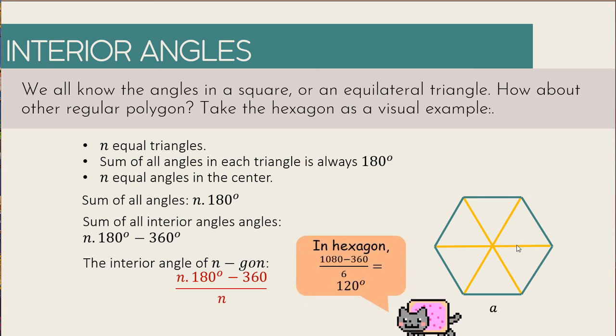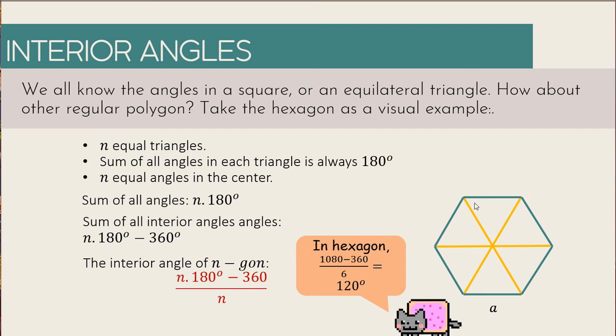In a hexagon, it is 1080 degrees minus 360 degrees, all divided by 6, and the answer is 120 degrees.